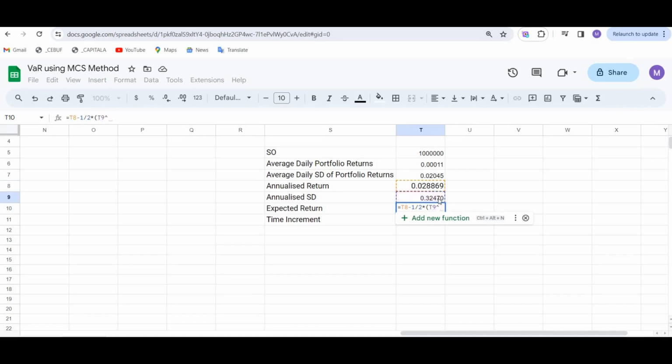Square root, that is shift 6, 2, close the bracket. Enter. That's the expected return. Then we have the time increment, which is equal to 1 by 252. Enter. Okay. We'll make it up to 5 decimal points.